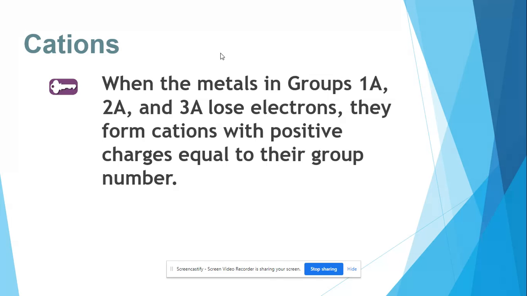So the key idea, the one thing that you should write down: when metals in group 1A, 2A, and 3A lose electrons, they form cations with positive charges equal to their group number. So again, 1A has a +1, 2A has a +2, and 3A has a +3 charge.